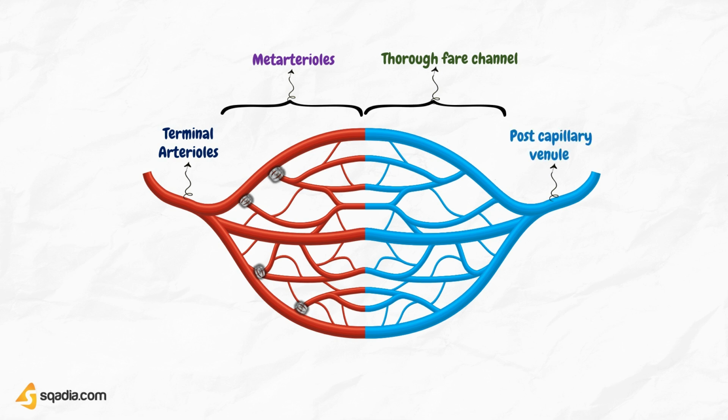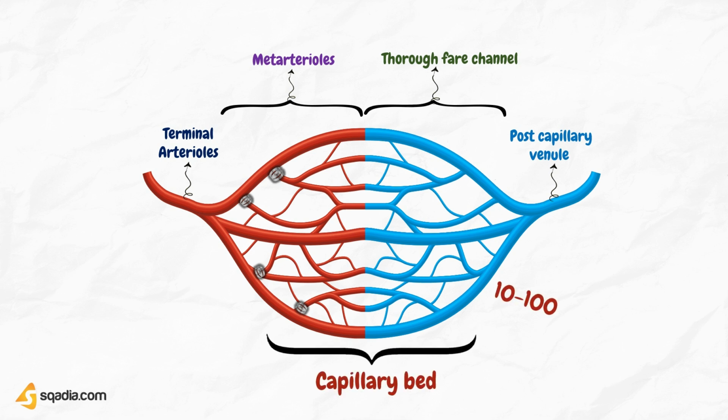This channel then joins the venule, and this venule is particularly named the postcapillary venule, which drains the capillary bed. In each capillary bed, there are usually between 10 and 100 capillaries, varying per organ or type of body tissue. Most often, they branch from the metarteriole, returning to the thoroughfare channel.